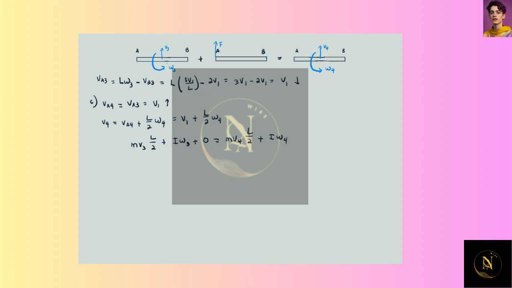Substituting the values that we have, this becomes M times 1/2 V1 times L over 2 plus 1 over 12 ML squared times 3V1 over L equals M times V1 plus L over 2 omega 4 times L over 2 plus 1 over 12 ML squared omega 4.